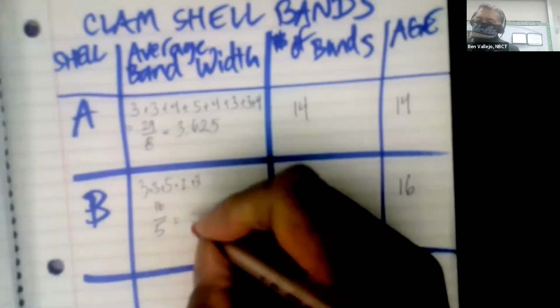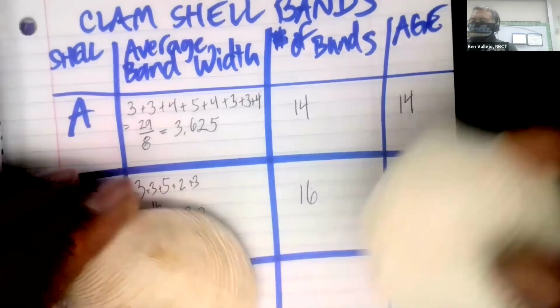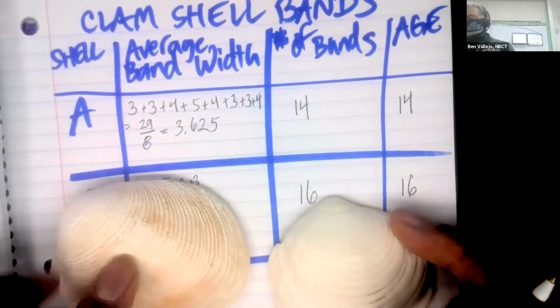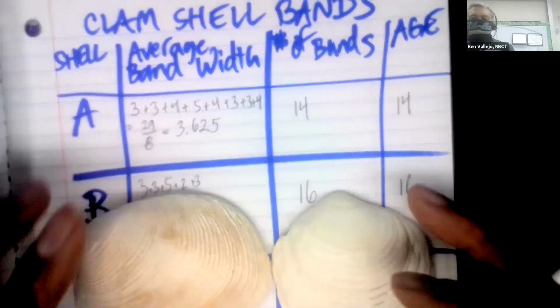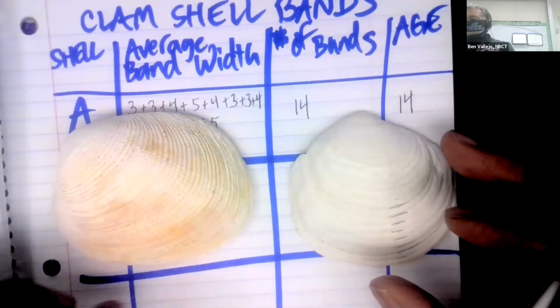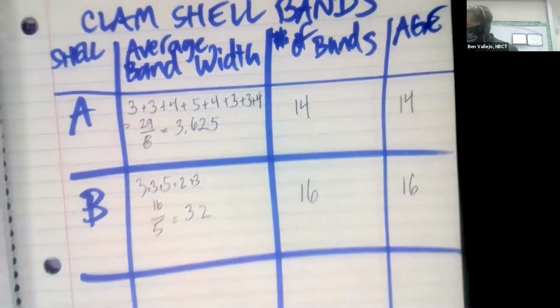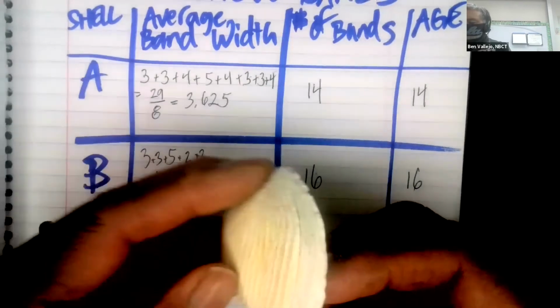So these bands are a little bit smaller, which makes sense. This is older. It's got a few more bands, and those bands are a little bit smaller, and these are about the same size. Okay, so that's how we do that. Now we've got our first two. Let's do a few more.